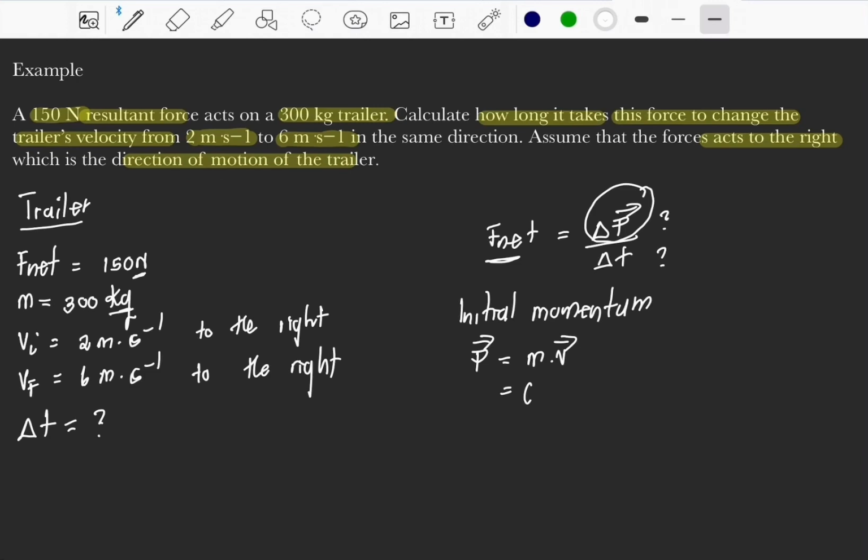So our mass is 300 multiplied by initial velocity, which is 2. And then we have 600 kilograms meters per second to the right.